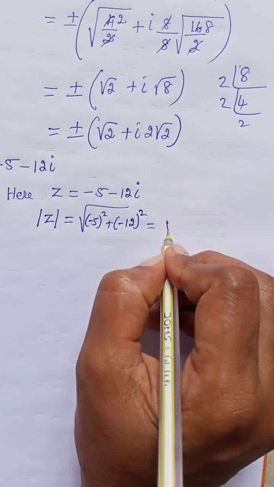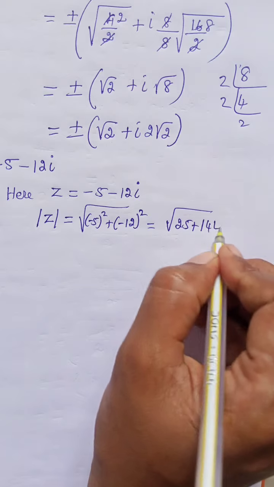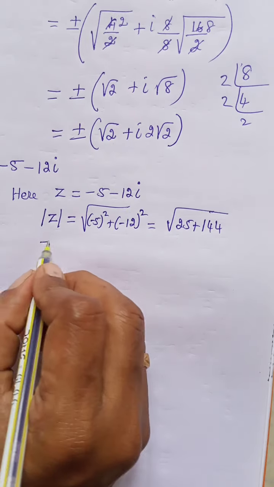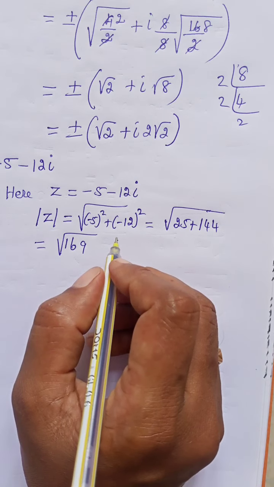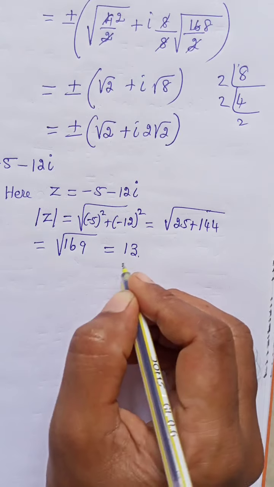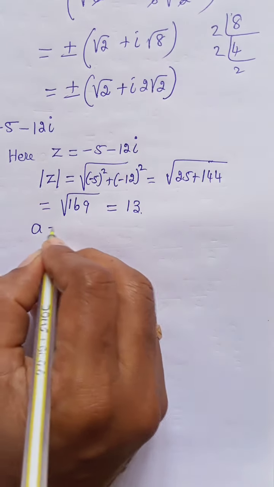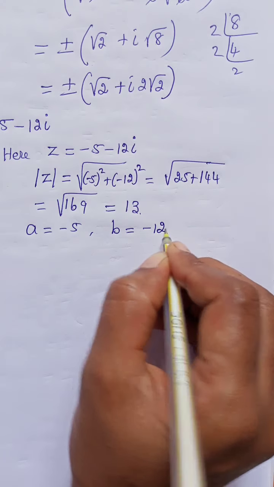So, we get root of 25 plus 144, which is root 169. This we know, isn't it? 13 into 13 is 169. So, modulus z we have got as 13. a equal to minus 5 and b is equal to minus 12.